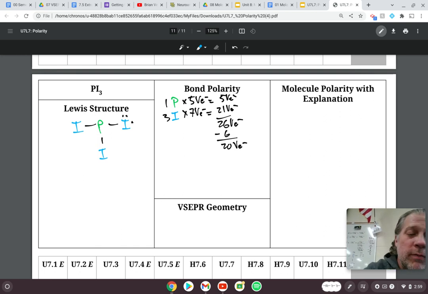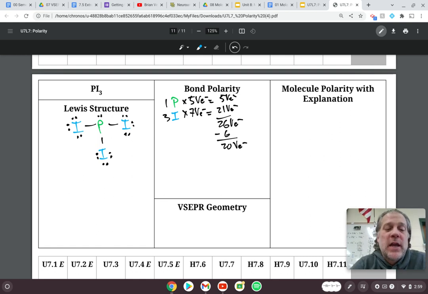So 2, 4, 6, 8, 10, 12, 14, 16, 18, 20. So now my phosphorus has 8 valence electrons, 6 in bonds and 2 in the pair. Each of my iodines has 8 valence electrons, 2 in bonds, and 6 in the electrons themselves, or dots.